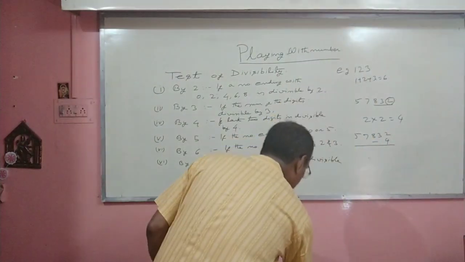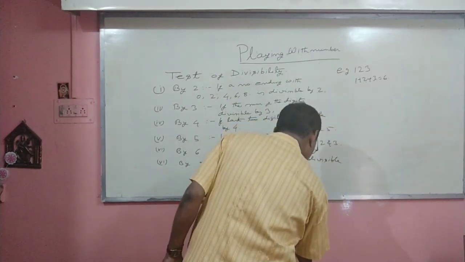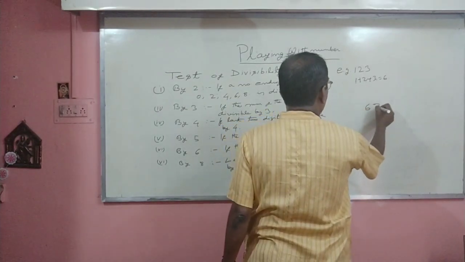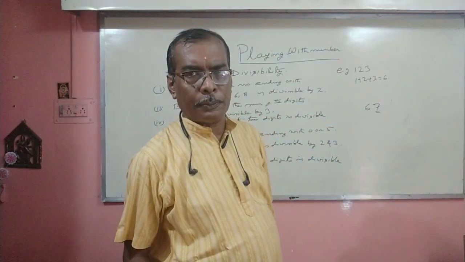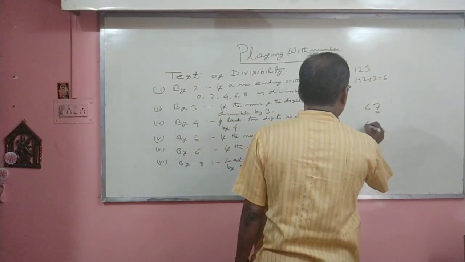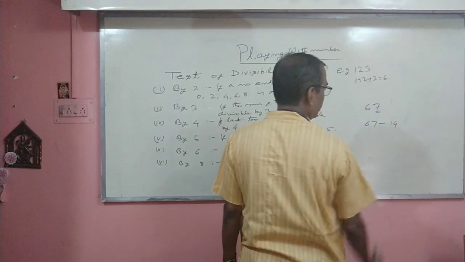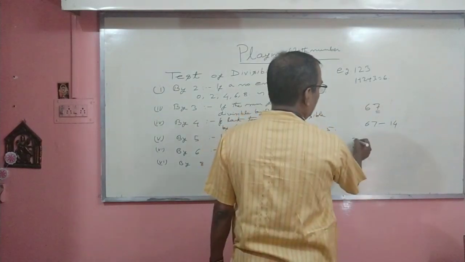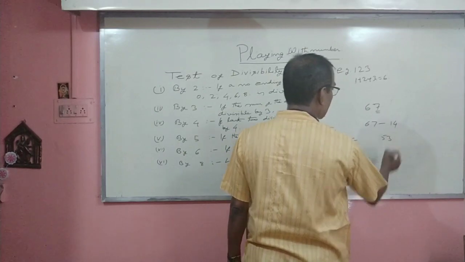I am not going to consider this number 57832. Suppose a number is there, say 67. Now take twice the unit digit. This is not a very practical thing. For 67, minus twice the unit digit, that is 2 into 7, 14, this will be equal to 53.